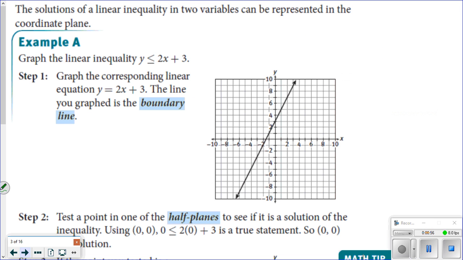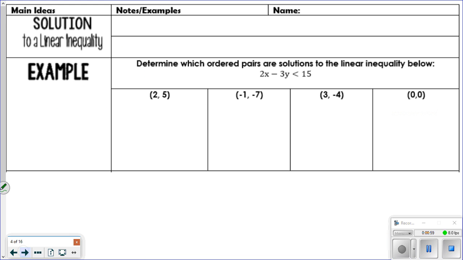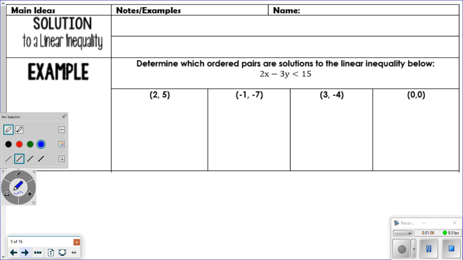Okay, so here are the examples from the book that we're going to skip, and we're going to jump straight to this note sheet. So let's fill this in together.